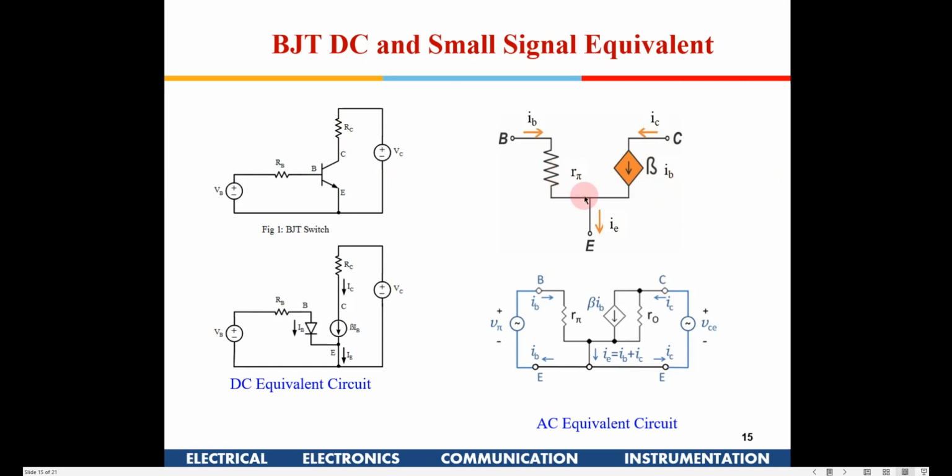So this is known as the small signal equivalent. We need to remember this particular circuit for analyzing transistor circuits.